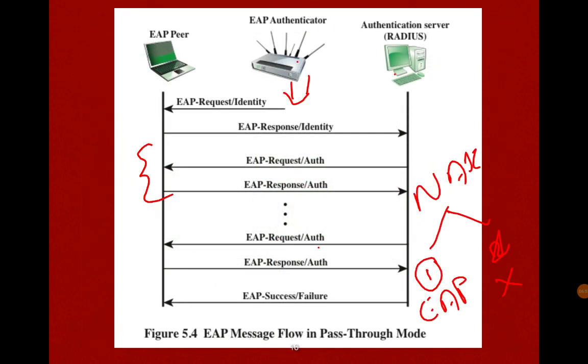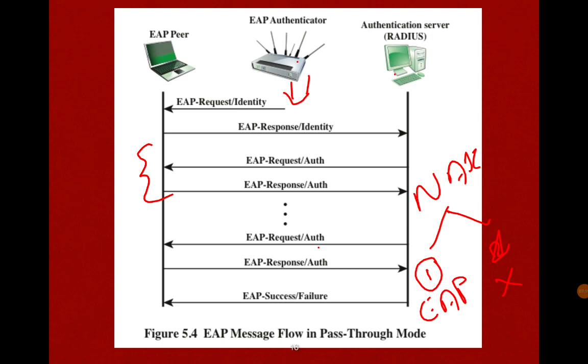We have also studied the exchanges. In pass-through mode, the authentication server sends the request. If the peer agrees with that, it sends an immediate response and the authentication is a success.